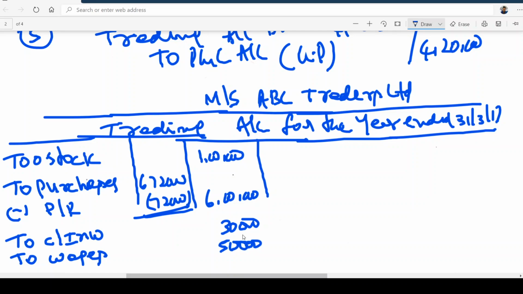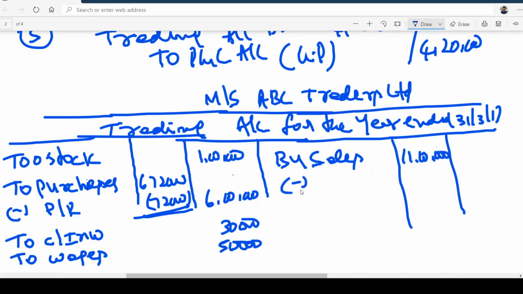Then come back to the credit side. By sales, inner column 11 lakhs minus sales returns. What is sales returns? 1 lakh. 10 lakhs you are showing in the outer column.